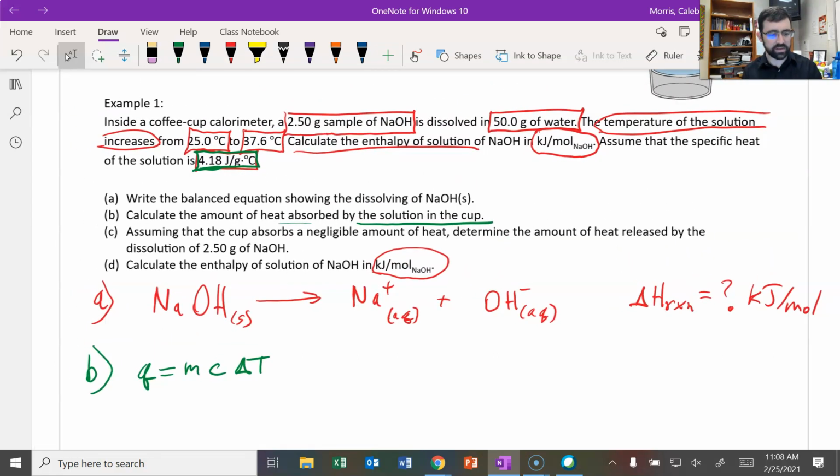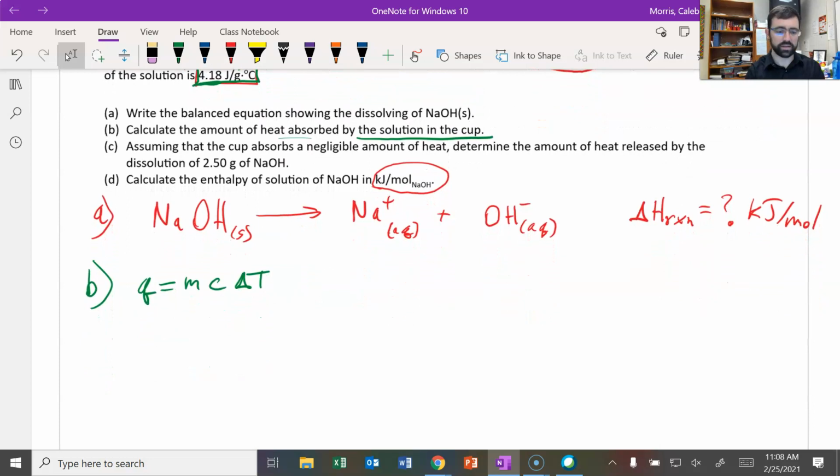The mass, remember, because everything's mixed together, we need to add the mass of the sodium hydroxide and the mass of the water. We're going to add both of those together to get our mass. And then we've got a temperature change. The temperature of the solution is an increase from 25.0 to 37.6 degrees Celsius.